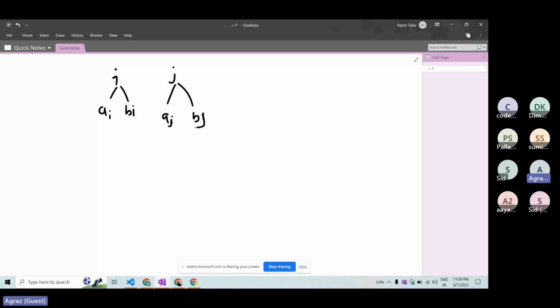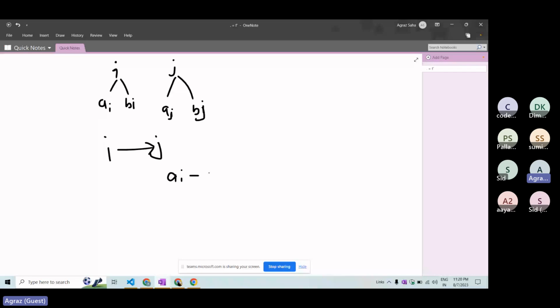Now it is said that the vertices I and J will be connected by a directed graph if A of I minus A of J is greater than or equal to B of I minus B of J. Now this is an inequality, right?